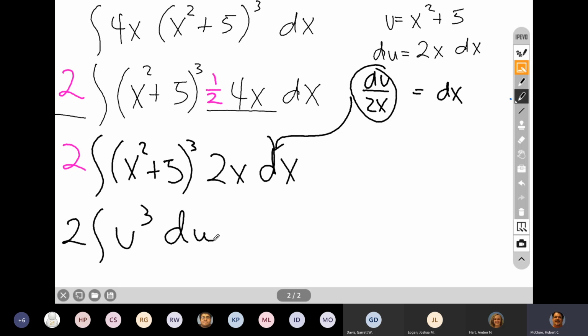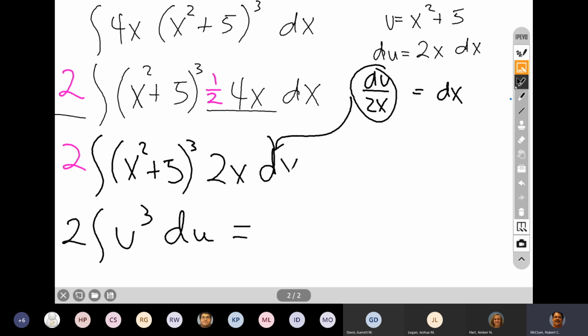And somebody tell me what the antiderivative of u to the third is. U to the fourth over 4. That's supposed to be a 4, but something goes quirky when it gets down here to the middle of the board.